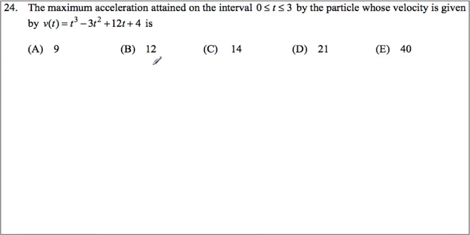Number 24. So maximum acceleration. Now we have to look at the acceleration, and from there we are looking for its maximum value. Then what is the acceleration? Acceleration is given by 3t squared minus 6t plus 12.